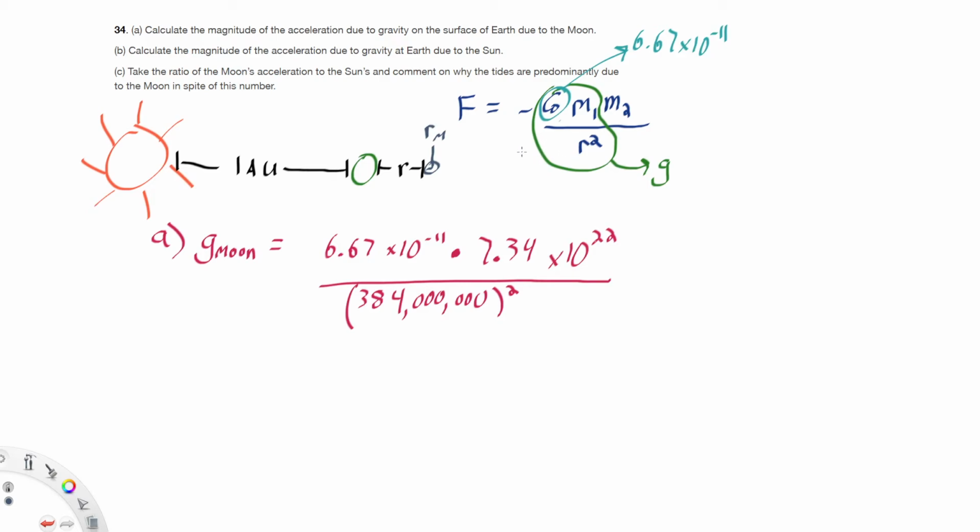However, the radius of the moon is small compared to the distance between the Earth and the moon. It's less than 1% of the Earth-Moon distance. So I feel safe in neglecting both the radius of the moon and the radius of the Earth.